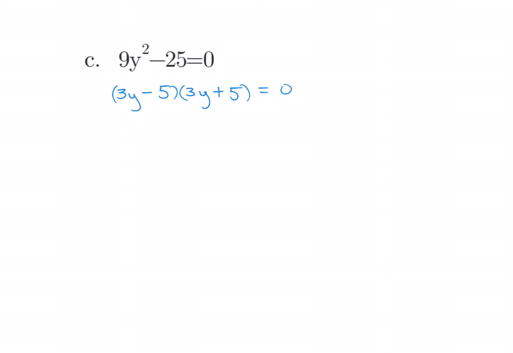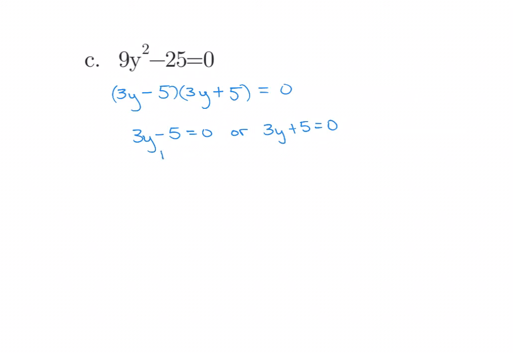Now for this, do I have to set both factors equal to 0? The answer is yes. They are not the same, they are different. So we do have to work with 2 equations. So I'm going to set 3y minus 5 equals 0. I'm also going to set 3y plus 5 equal to 0.